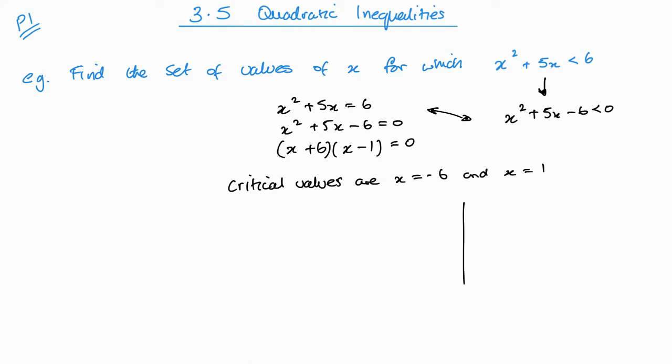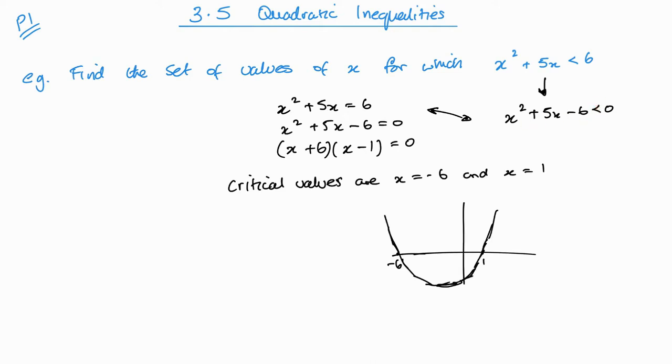And what I want to do is a very quick sketch. So I know it's going to cross at 1 and minus 6, and it's a positive x squared, so it's going to look like this. Now once I've done my graph, I need to go back to my inequality.